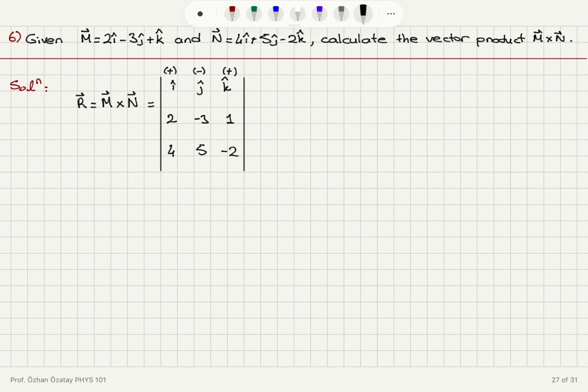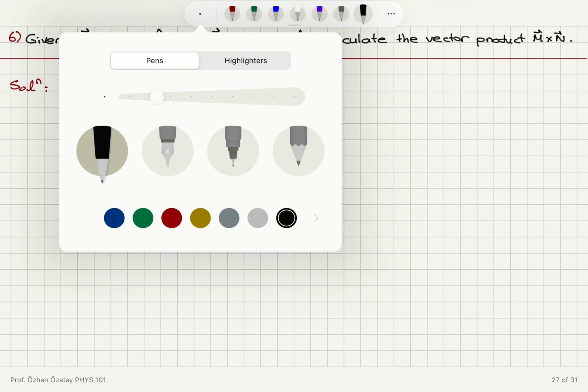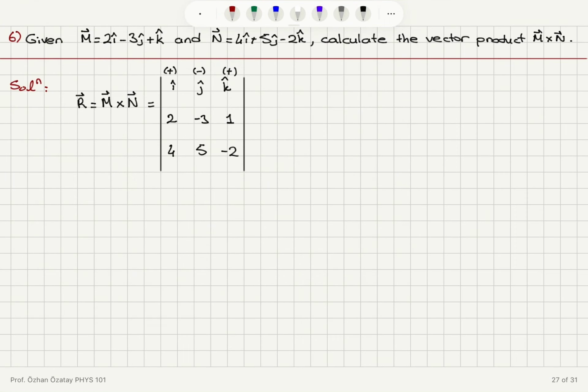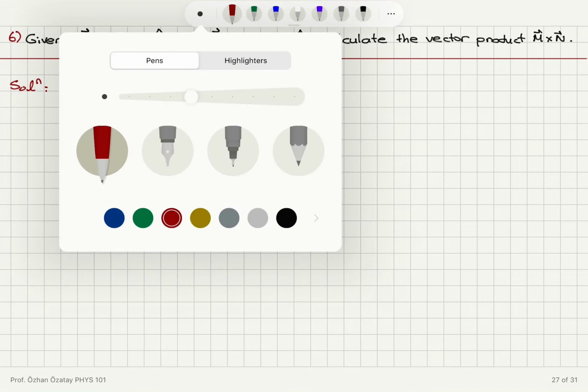And for the i hat component, we're going to cross out the first row and the first column.